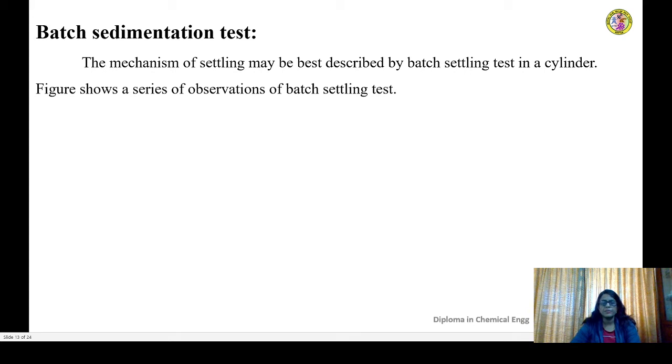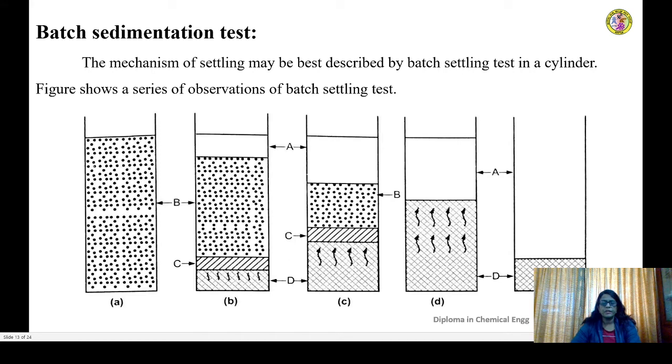So let us now observe how a batch settling test can be carried out. This figure shows typically how the settling of the particles takes place. In figure A, what we see is a glass cylinder in which the slurry of uniform concentration is taken up to a certain height.